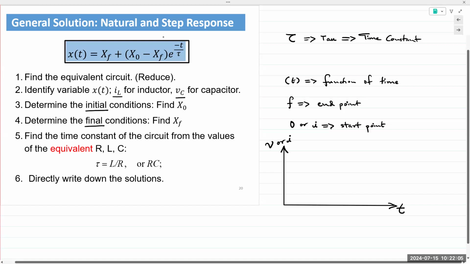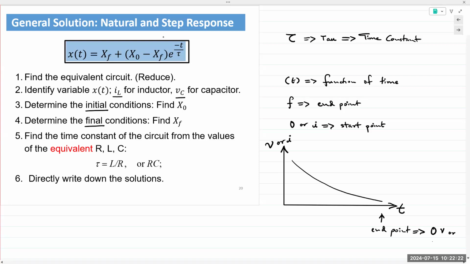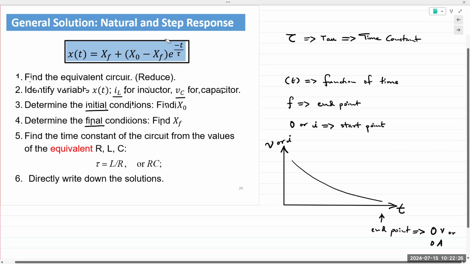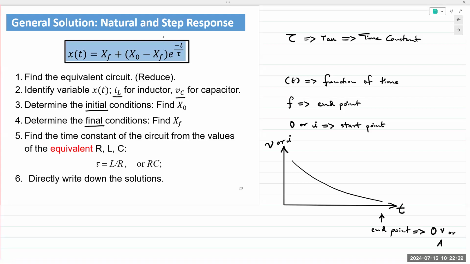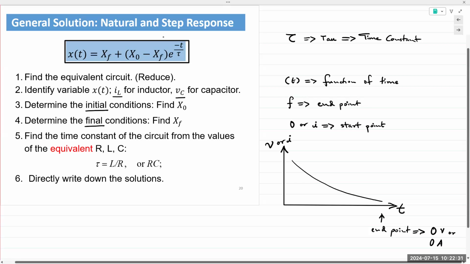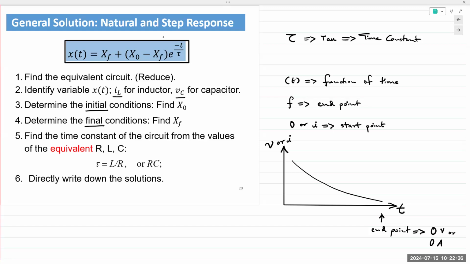If you're discharging, it doesn't matter where you start, your end point is always zero, whether it's 0 volts or 0 amps. For a discharging analysis, your end point will always have a value of 0. So Xf for a discharging circuit will always be 0.